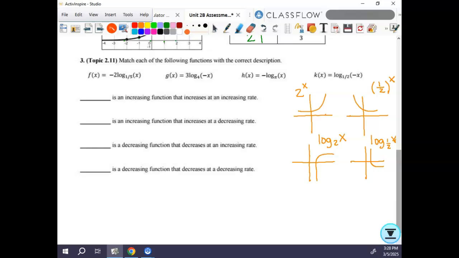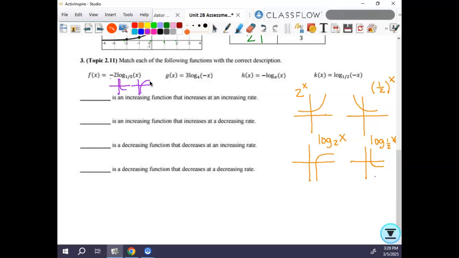So when I look at these over here, if I have log base 1/5, that's going to start off looking like this, right? But then this is a reflection in the x-axis, which means it reflects back up like so.